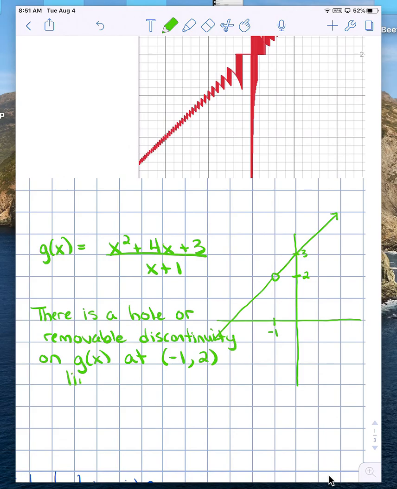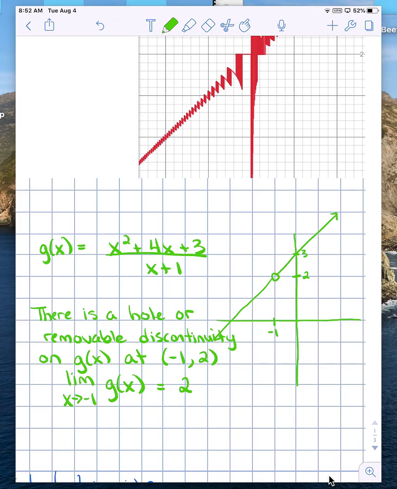The limit of g of x as x approaches -1 is 2. Those two things are related on purpose. That's one way to find the hole. Where does the hole exist? Where the limit is. What is the limit as x approaches -1? That's where the hole is. That's at 2. We'll spend way more time finding those holes in a moment. But for now, let's just start to get the idea.